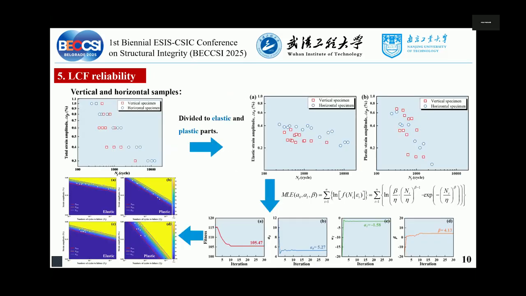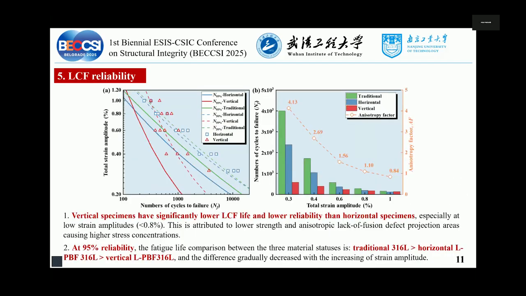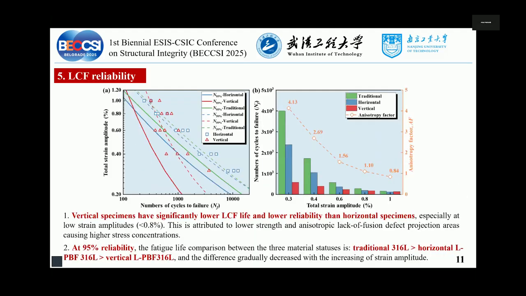So this is the calculating process. We use an optimization algorithm to calculate these three parameters, A0, A1, and beta. If we get these three parameters, we can get the boundaries.